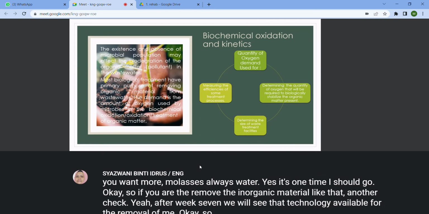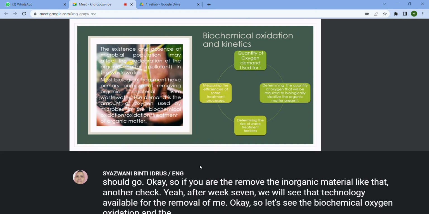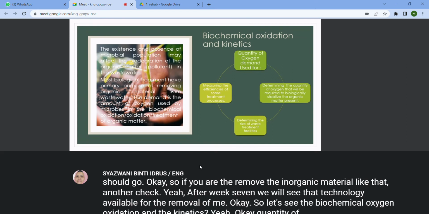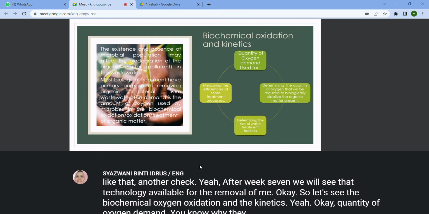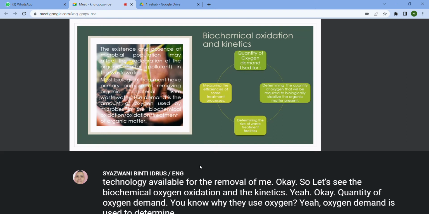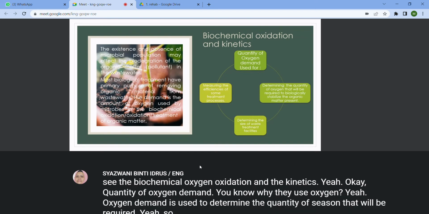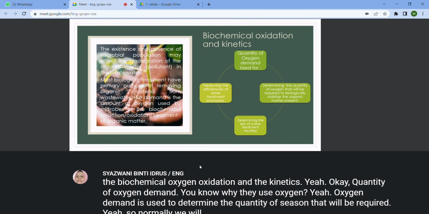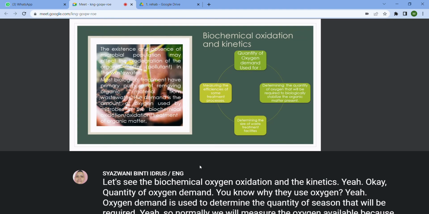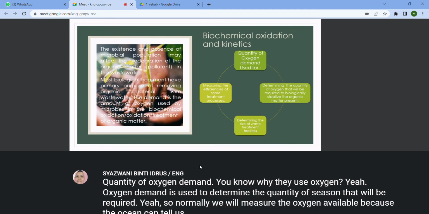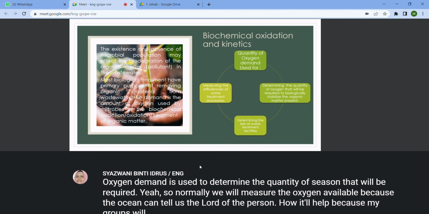Okay, so let's see the biochemical oxidation and the kinetics. Quantity of oxygen demand. Why do they use oxygen? Oxygen demand is used to determine the quantity of oxygen that will be required. Normally we measure the oxygen available because the oxygen can tell us the load of the pollutant. How? Because microbes will utilize the oxygen to biodegrade the waste.